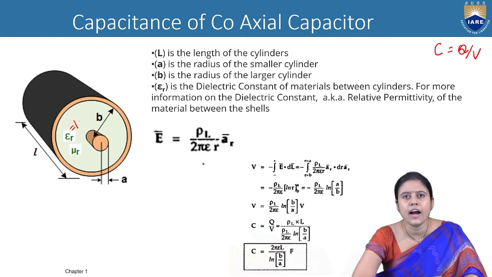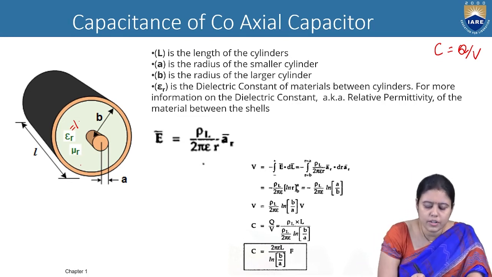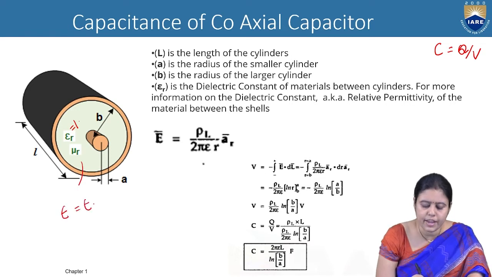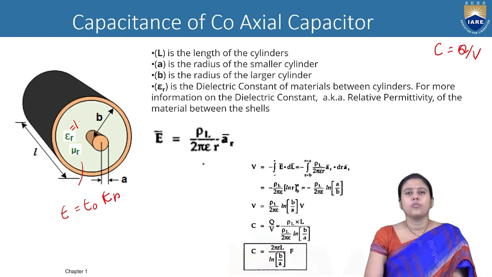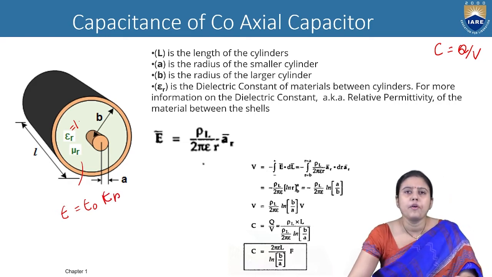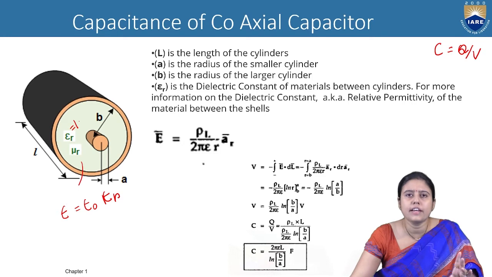So epsilon r is the relative permittivity of the medium. So the total value is epsilon 0 epsilon r.